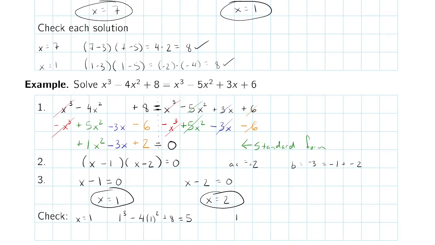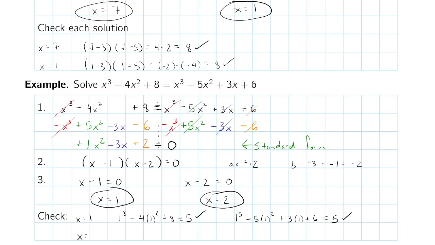On the right, I have 1 to the third minus 5 times 1 squared plus 3 times 1 plus 6. So 1 minus 5 is negative 4, plus 3 is negative 1, plus 6 is 5. So when I plug in x equals 1, I get the same number on both sides.